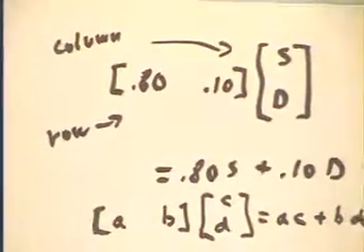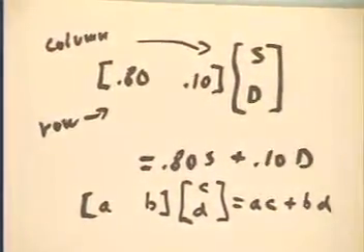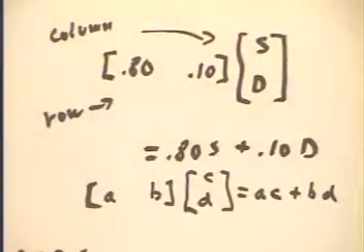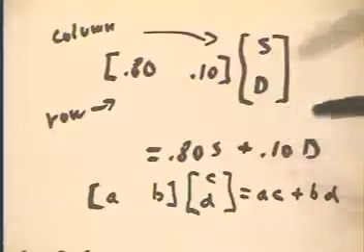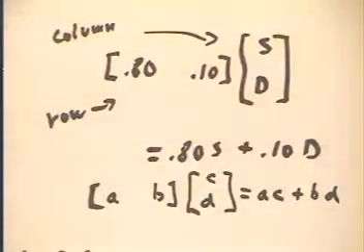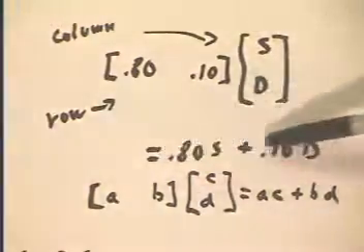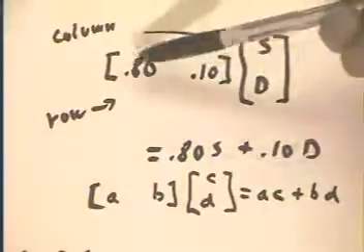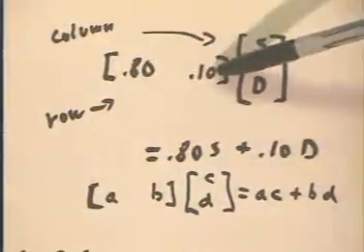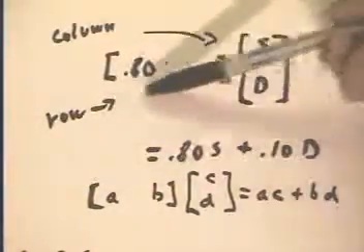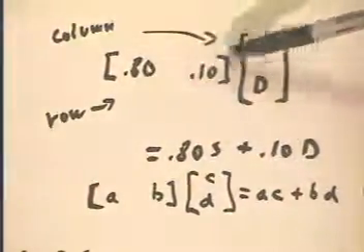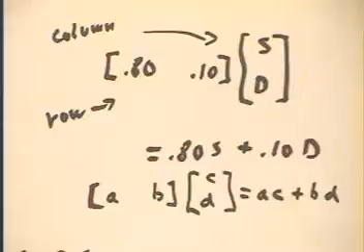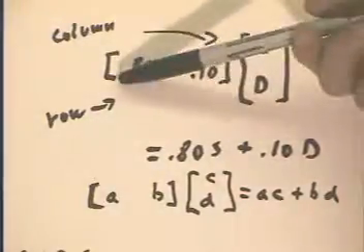Now, we see that the number of sane becomes 0.80S plus 0.10D. We're going to find it convenient to represent this calculation in terms of a row vector here, and a column vector here. A row vector consists of numbers in a row.